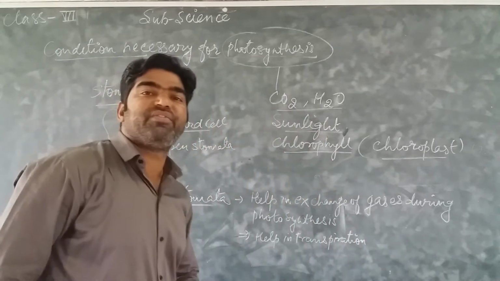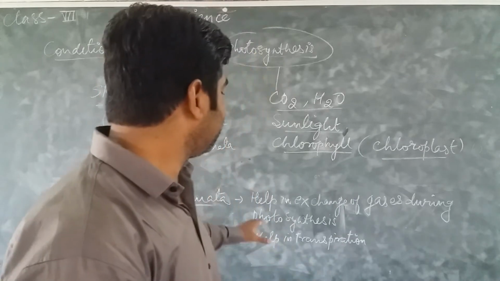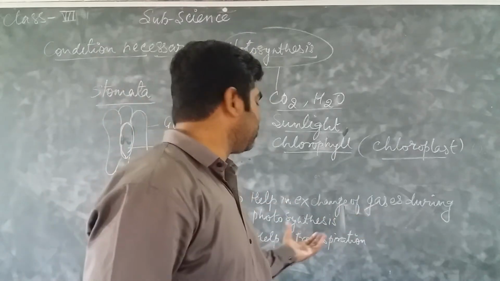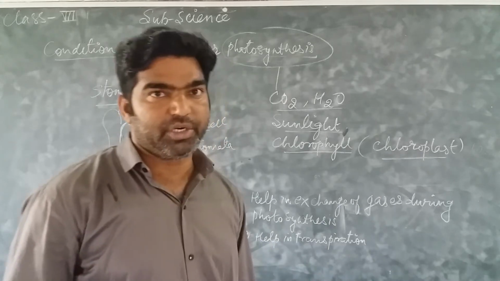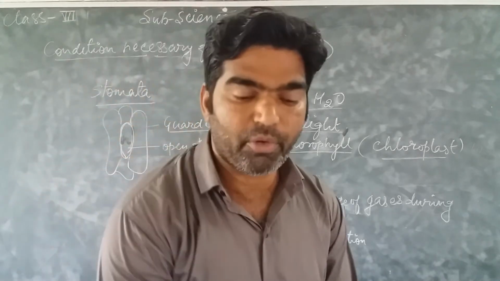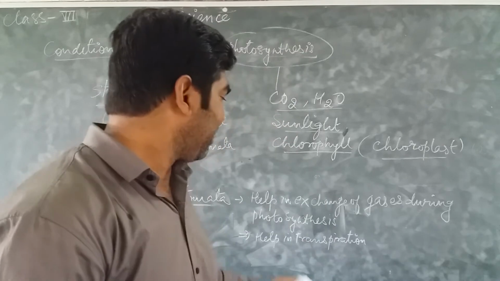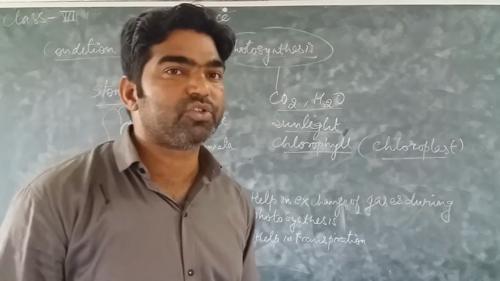So these are the two important functions of a stomata. First, they help in the exchange of gases during the photosynthesis, and second, they help in the transpiration. Means the transpiration process can be done by these small holes on the surface of leaves.